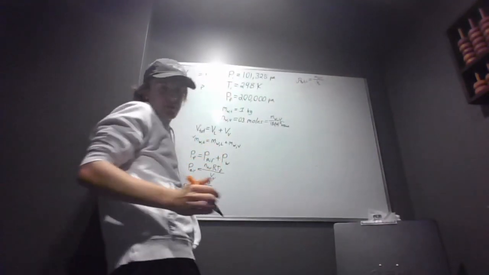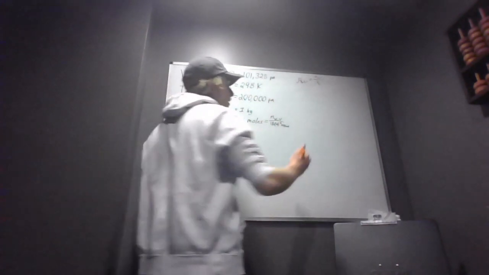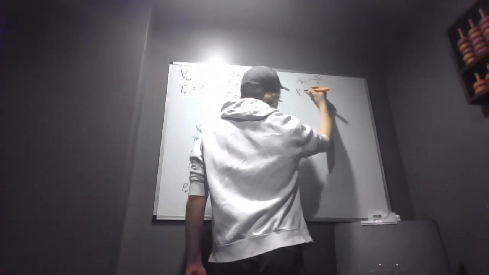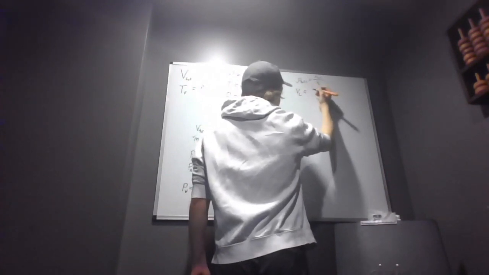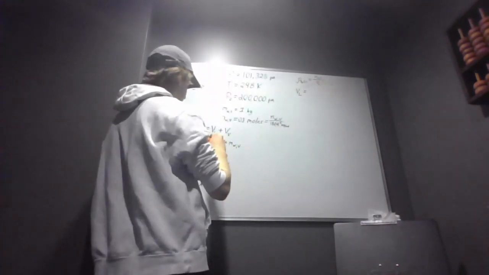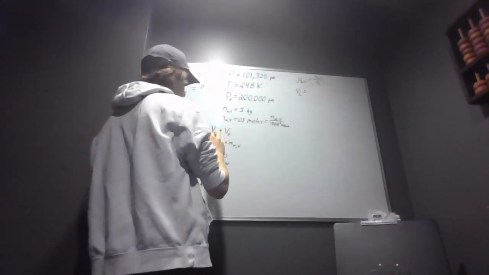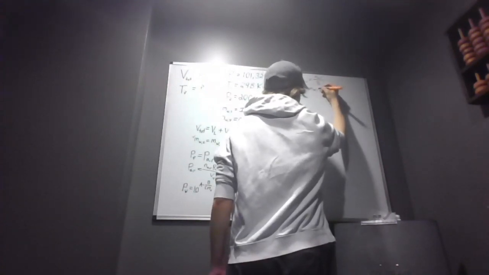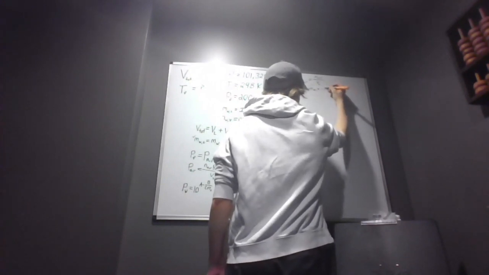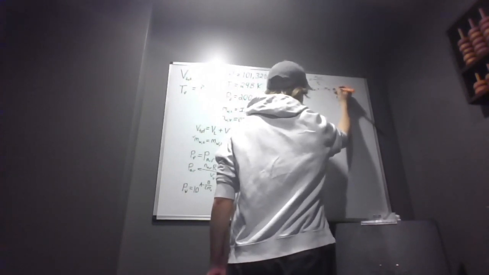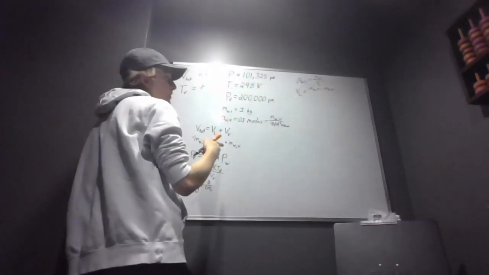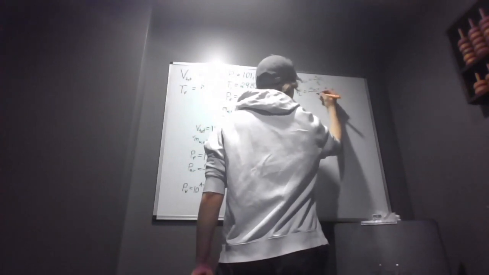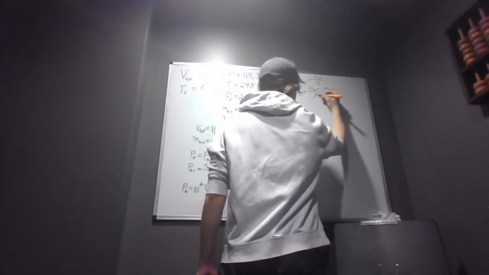And then we can rearrange this so that the volume of the liquid is equal to, from before, the total mass of the water minus the mass of the water in the vapor phase divided by the density.